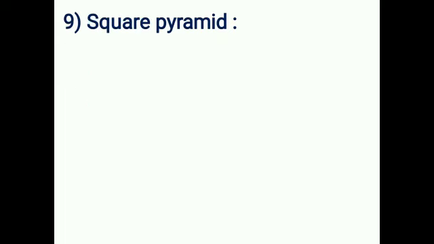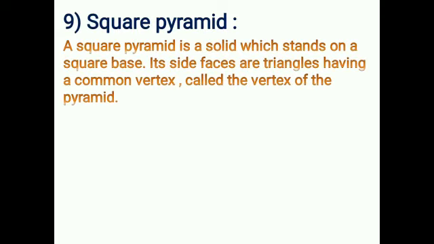Now the next one, the last, is the square pyramid. A square pyramid is a solid which stands on a square base. Its side faces are triangles having a common vertex called the vertex of the pyramid.